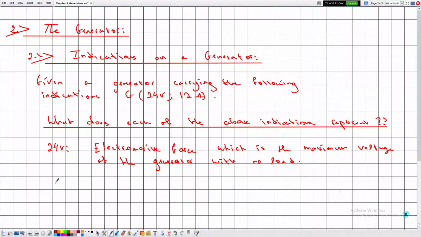And as for 12 ohms, this is the internal resistance that causes the heating of the generator.